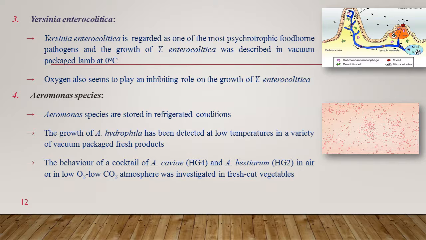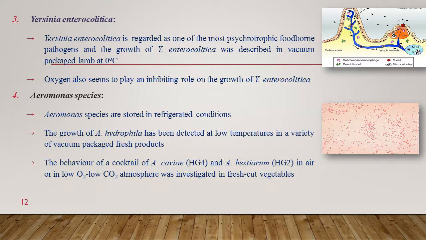Now, the next bacteria is Aeromonas species. Aeromonas species are stored in refrigerated conditions. The growth of A. hydrophila has been detected at low temperatures in a variety of vacuum packaged fresh products.